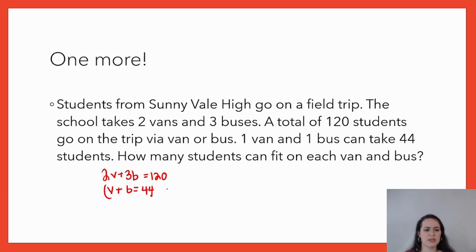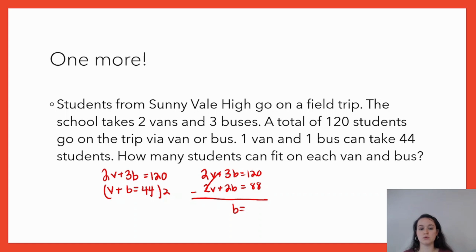I'm going to multiply the bottom one by 2. You can multiply by 3 if you prefer. So 2v plus 3b equals 120, and 2v plus 2b equals 88. I'm going to subtract these. So b equals 120 minus 88, which is 32. That's convenient, it already gives me my answer.